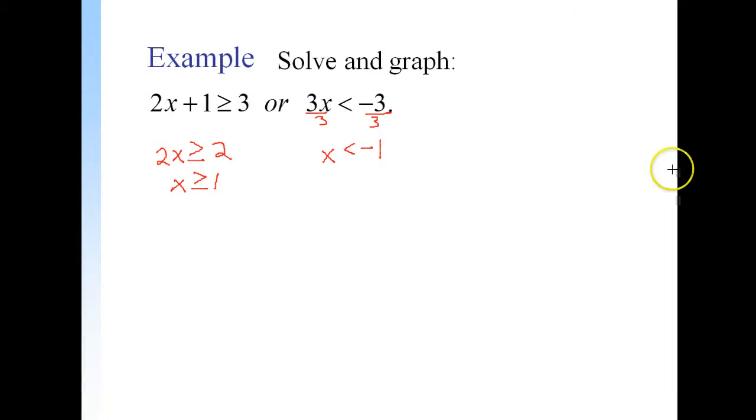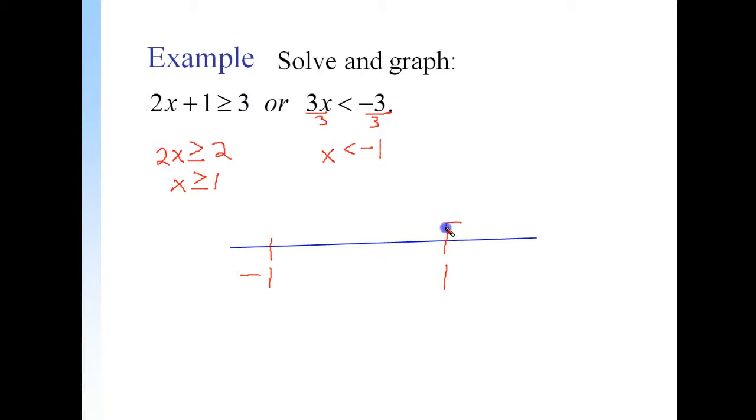Now let's graph it. The numbers we're interested in are 1, which is over here, and -1, which is over there. About this one, it says x is greater or equal to 1.